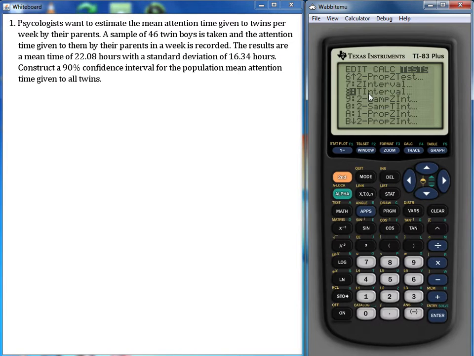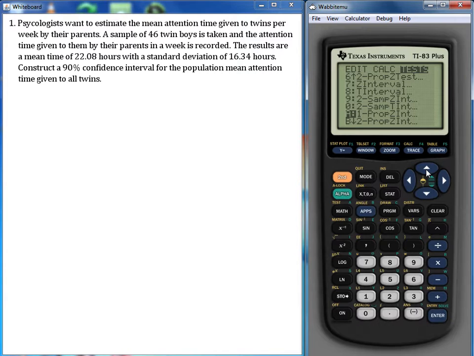T interval is also a confidence interval for the mean, but using a T distribution. And one prop Z interval is an interval for proportions or percentages or probabilities, however you want to interpret that data.